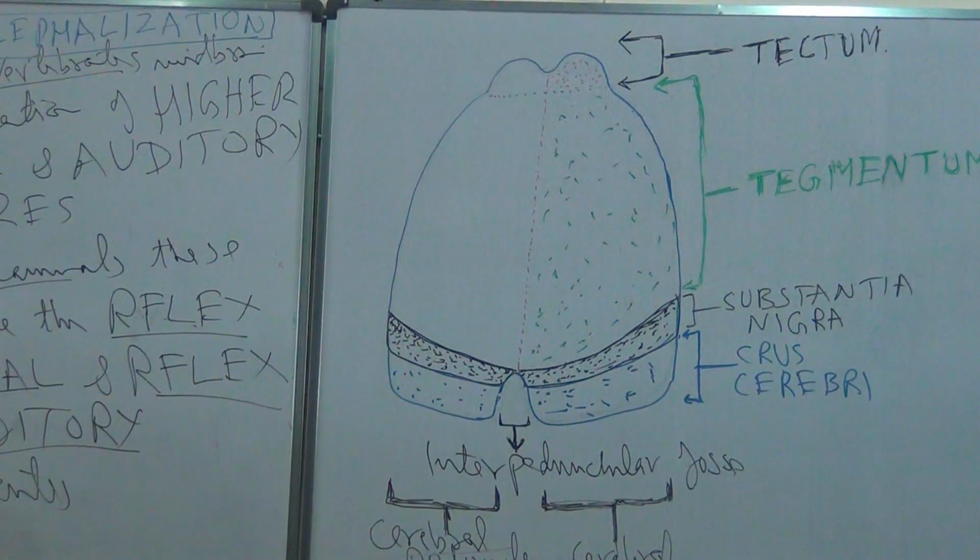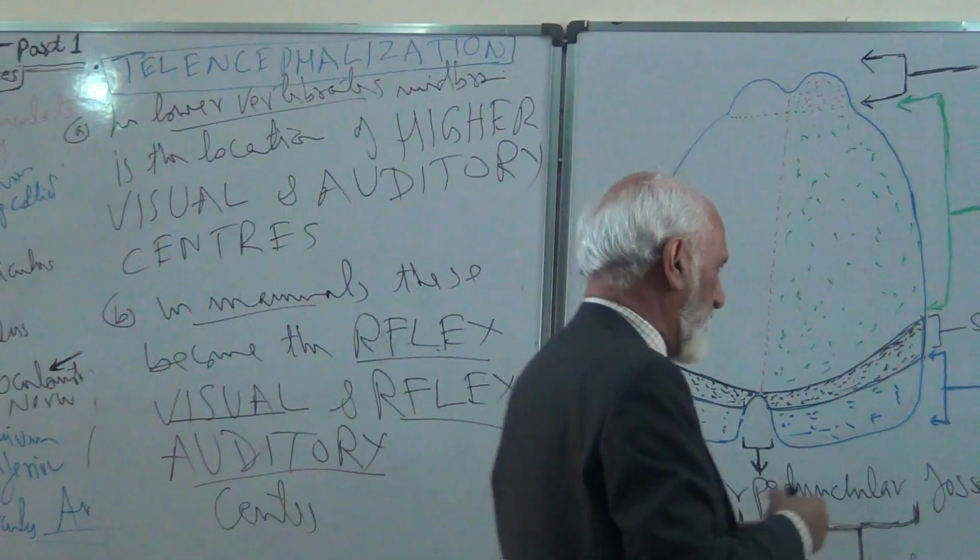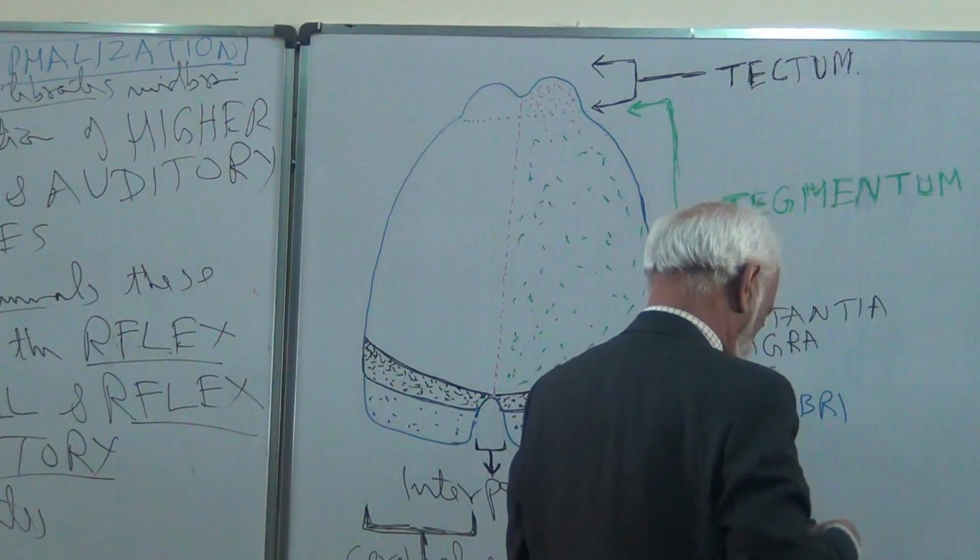Now just a summary of the internal structure. The crus cerebri is white matter.